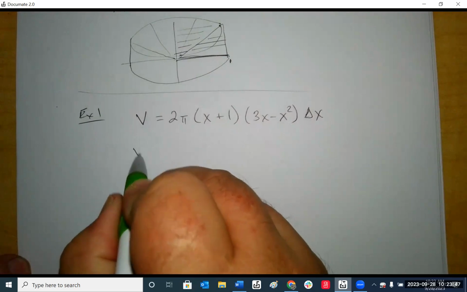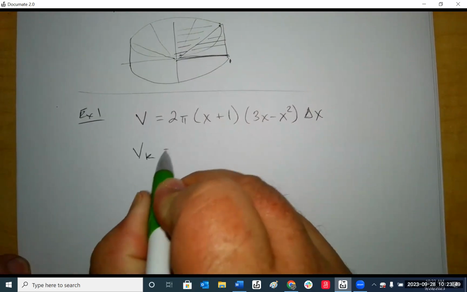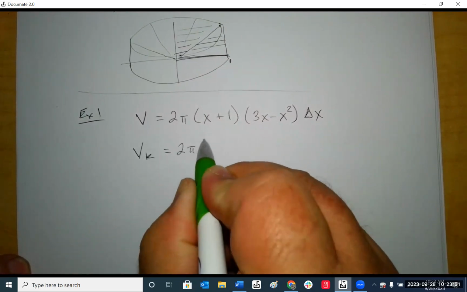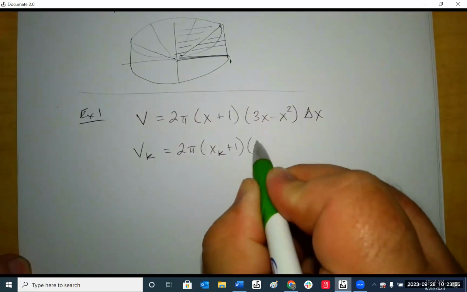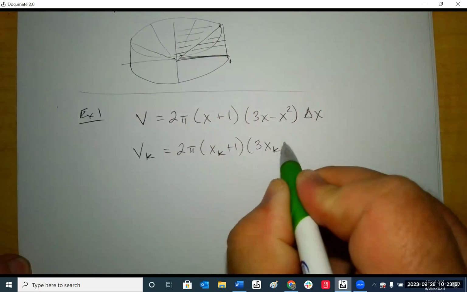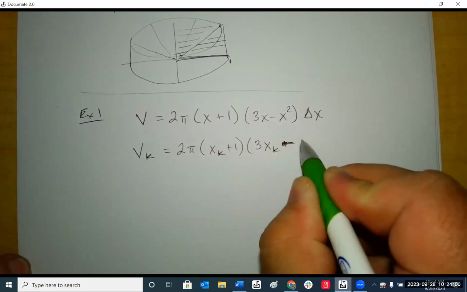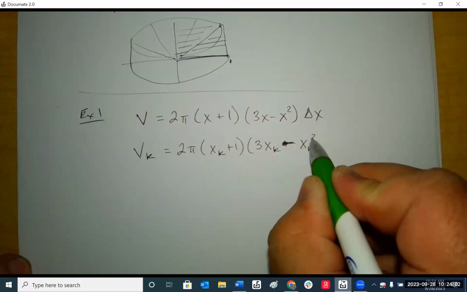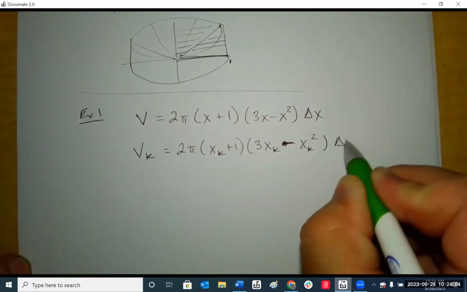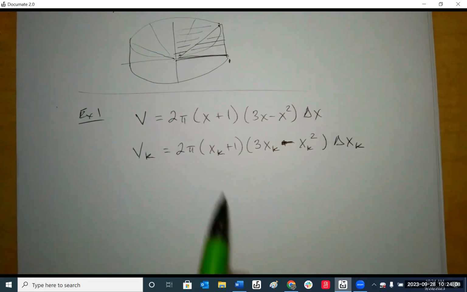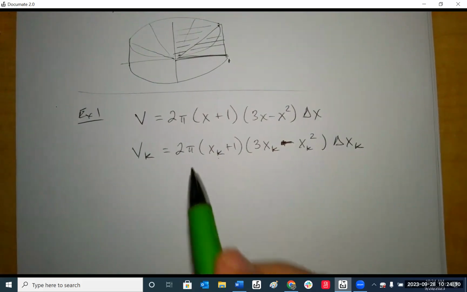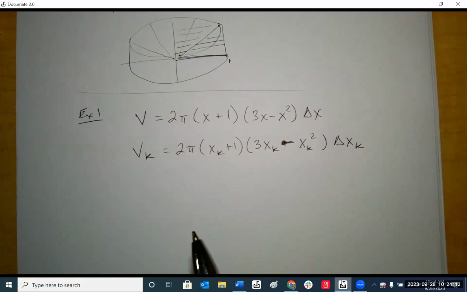But since we have all these slices, minus, because these k's represent each slice.